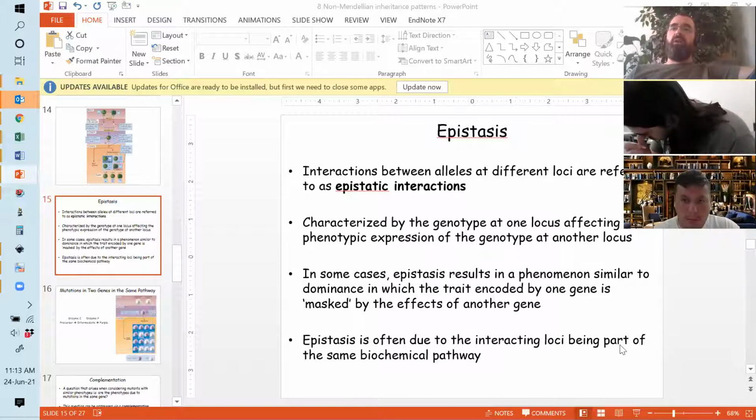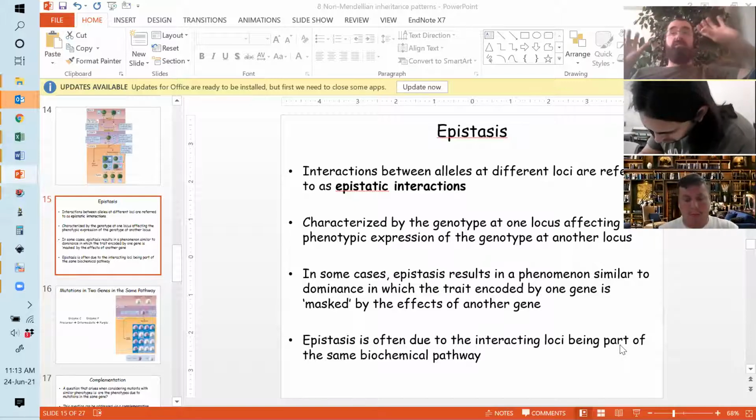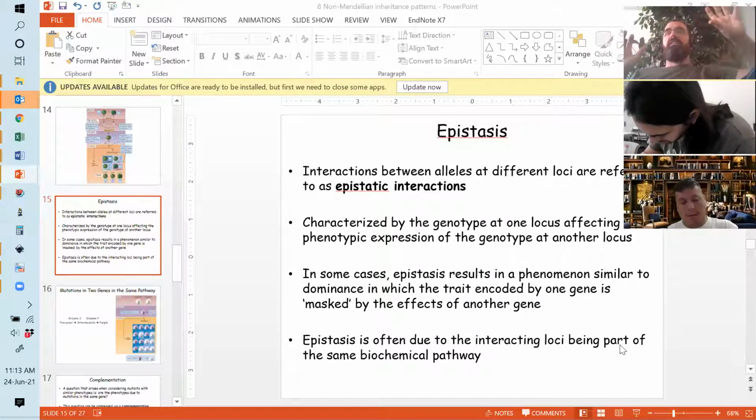And so essentially epistasis means masking. The two different genes could be on different chromosomes, could be genetically unlinked. So we're not talking about inheritance, we're talking about expression.